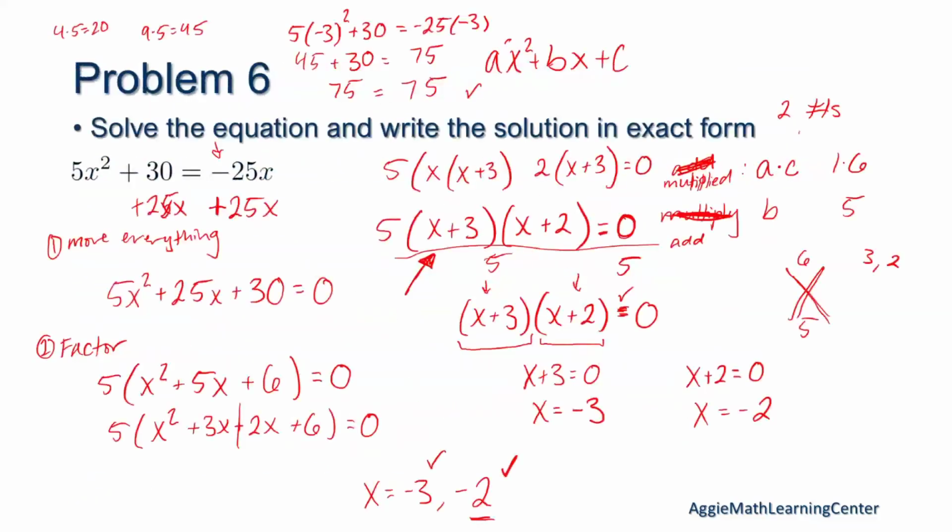Over here, we have an x to the power of 1 and an x squared. That's the key. If we've got mixes of those powers, if I've got an x squared and an x, you're going to be using the zero factor property. If it's just x's and you can combine them, set it equal to a number, then you can solve for x. If you've got multiple x's, we're going to have to factor and set it equal to 0. Good question.